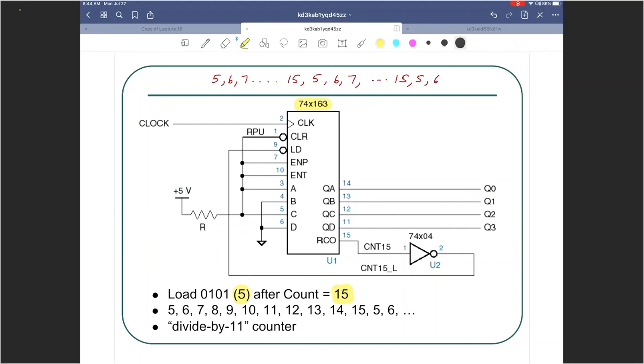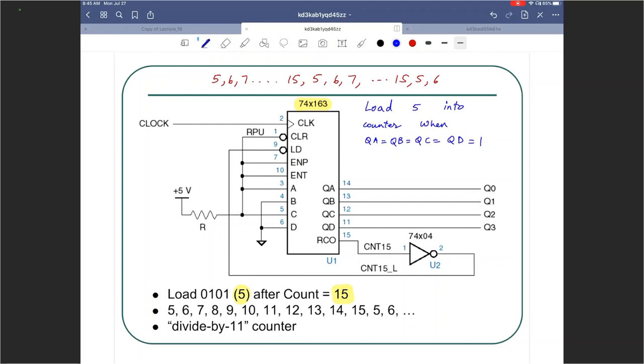Whenever we reach 15, right, the design idea is this: load 5 into the counter when QA, QB, QC, QD are 1. So when the counter reaches 15, load 5 into the counter, right?